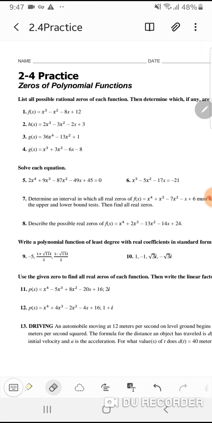And then for the next one, we can probably try and put 1 first. Or maybe -1. I don't know.